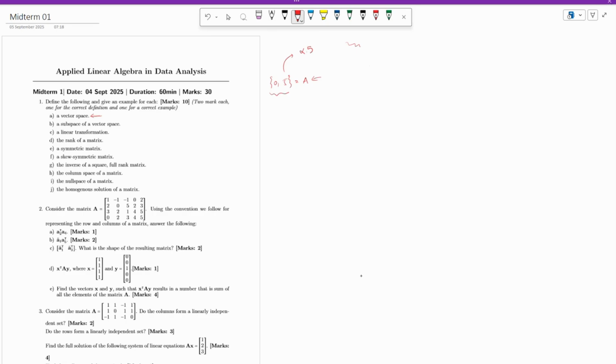That means if I take any of the elements and multiply it by alpha, that resulting element will be there in the original set. If that is true for this fixed value alpha for all the elements, then you would say it's closed under scalar multiplication by a fixed value alpha.